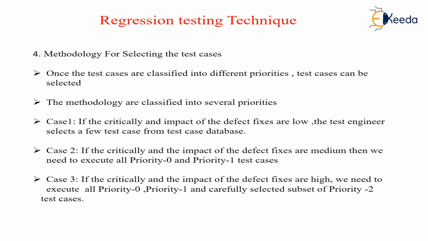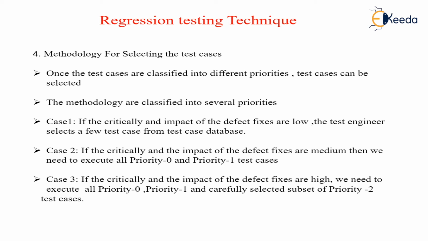Now let us see the criticality and impact of defect fixes after the test cases are classified into several priorities. Case 1: if the criticality and impact of defect fixes are low, then it is enough that the test engineer selects a few test cases from the test case database. That means my fixes, my criticality and impact of defect is being categorized. So if that is low, the test engineer selects very few cases from the test case database.